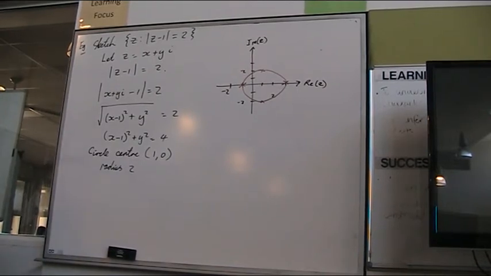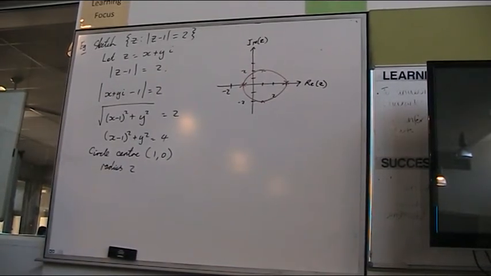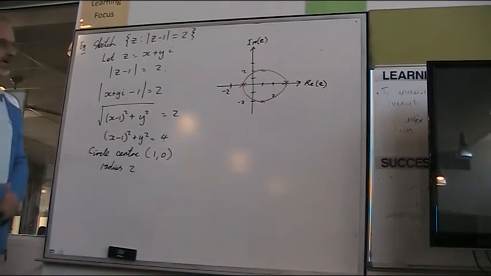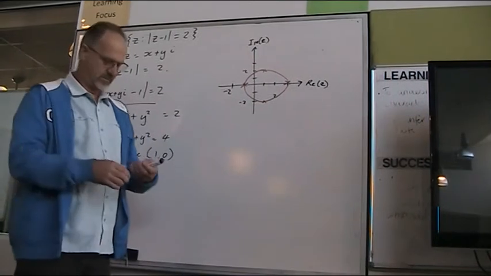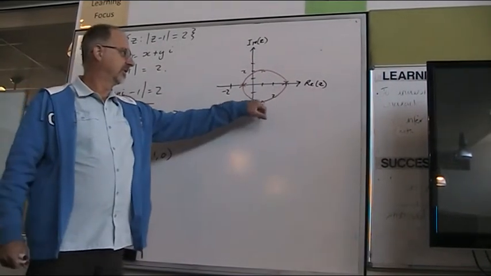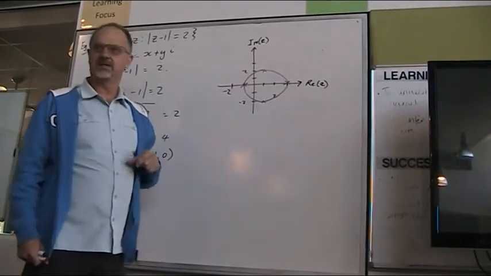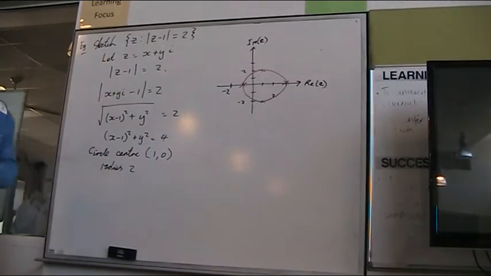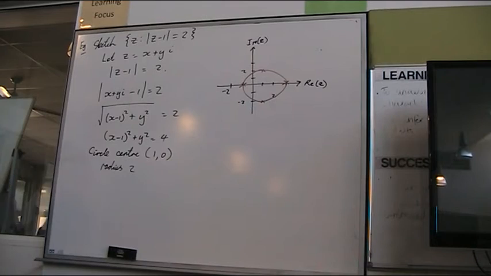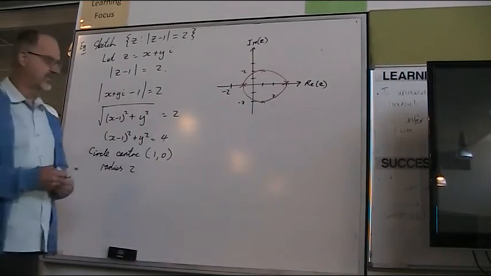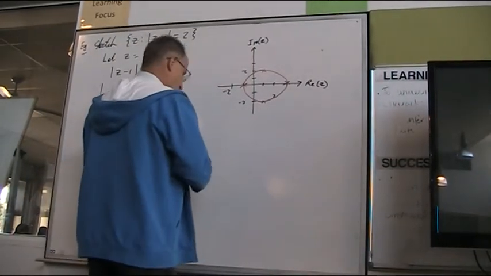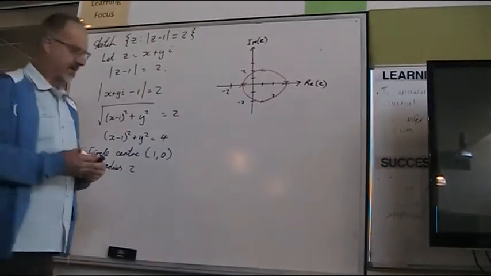Like the y intercepts? Not necessarily, you just have to have points that you know about. So we know about these 2 points here, we know about these 2 points here, so that's enough to know where the circle goes. Do you have to label them? Yes, you should label them. How do we label them?